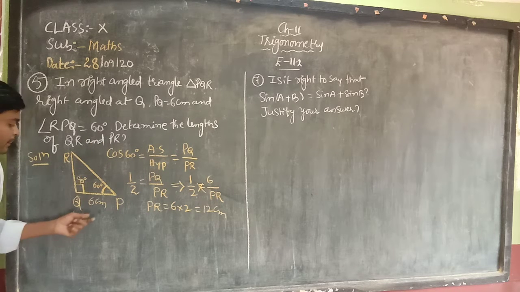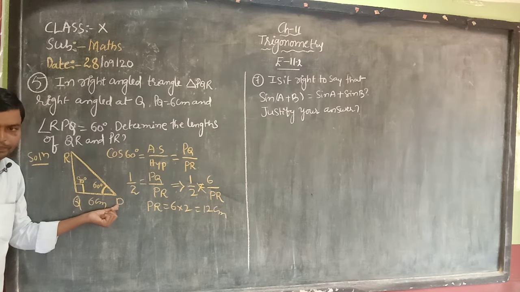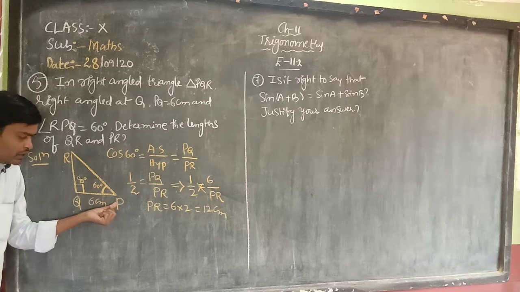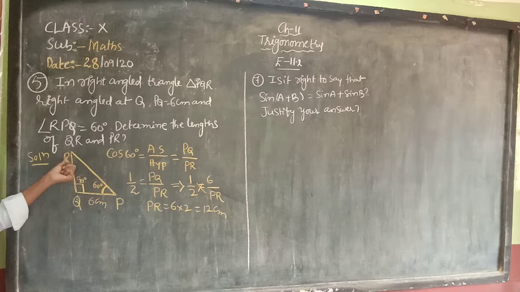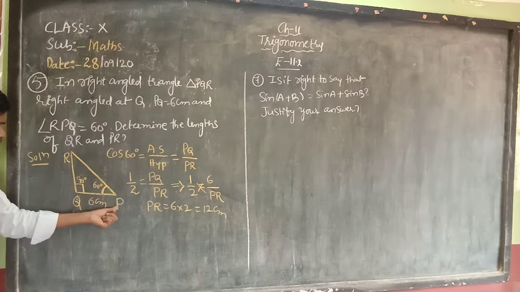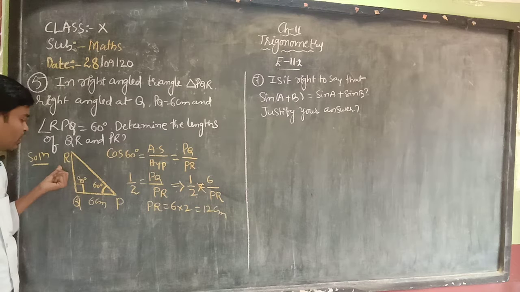You see, in the given question he has given angle at P. So for angle P, what is the adjacent side? PQ is the adjacent side. And what is the opposite side? QR is the opposite side, and PR is the hypotenuse. So we have to find the value of PR and value of QR.